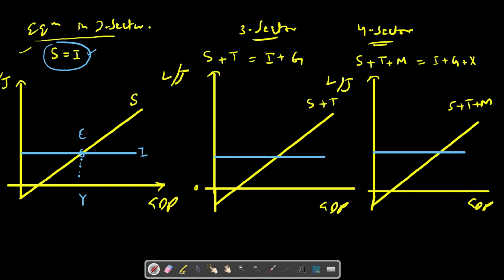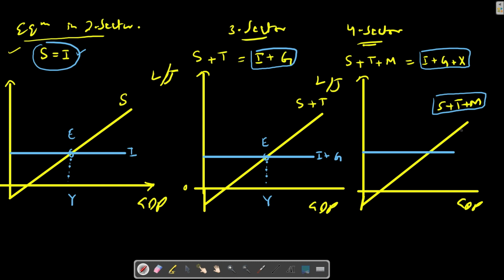In the three sector economy, injections include investment plus government expenditure, so we will plot that here. Equilibrium takes place where leakages and injections intersect at point E, where national income or GDP will be equal to Y. In the four sector economy, we have already plotted leakages, and we add injections, which now include investment, government expenditure and exports.